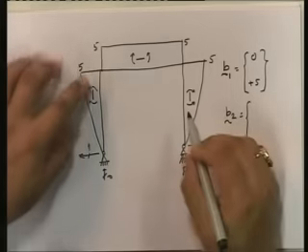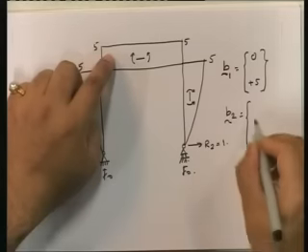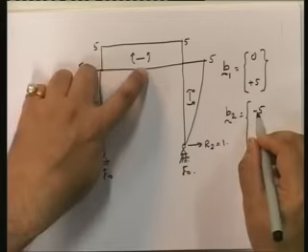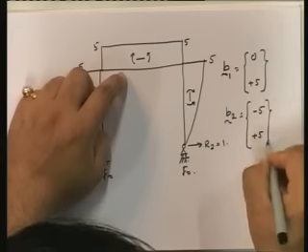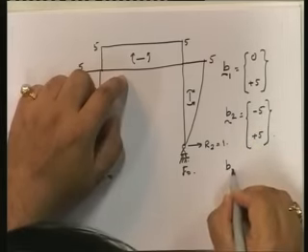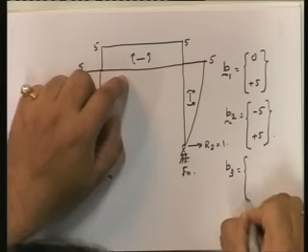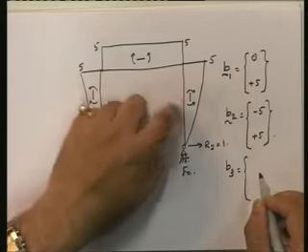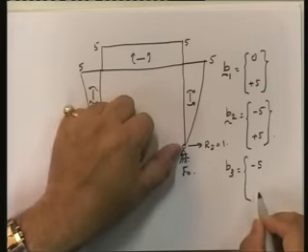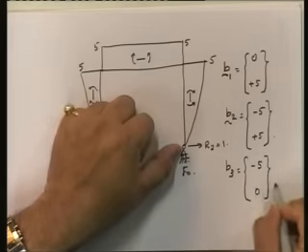B2 is going to be, this is clockwise, so it's minus 5. Here it is anticlockwise, so it's plus 5. B3, here it is clockwise, so it's minus 5. Here it is 0.